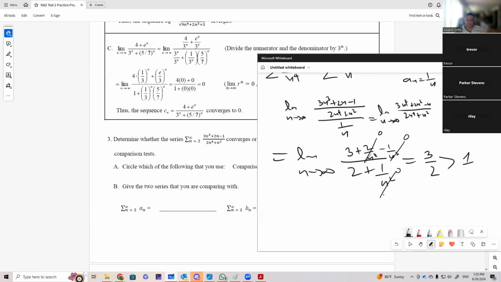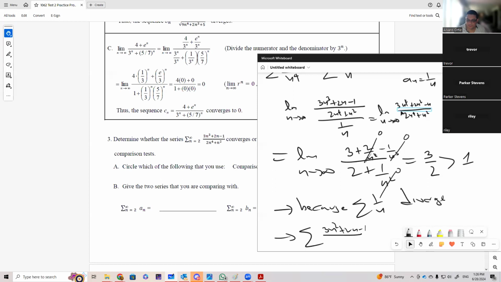It is different from 0, and so because the series of 1 over n diverges, then the main series diverges as well. And this is by limit comparison test.